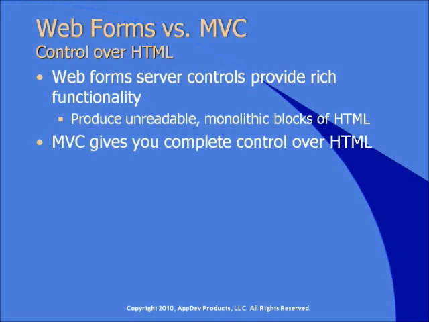MVC, on the other hand, gives you almost total control over the HTML sent to the browser. And the way it does this is by providing a variety of HTML helpers that automate HTML generation. Now this may sound an awful lot like a server control, but they tend to be for single elements alone. And they generate clean HTML that is very easy to access using cascading style sheets.